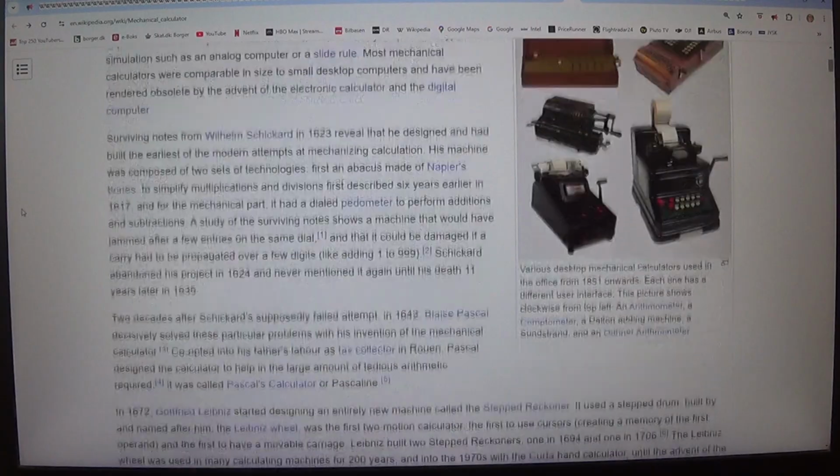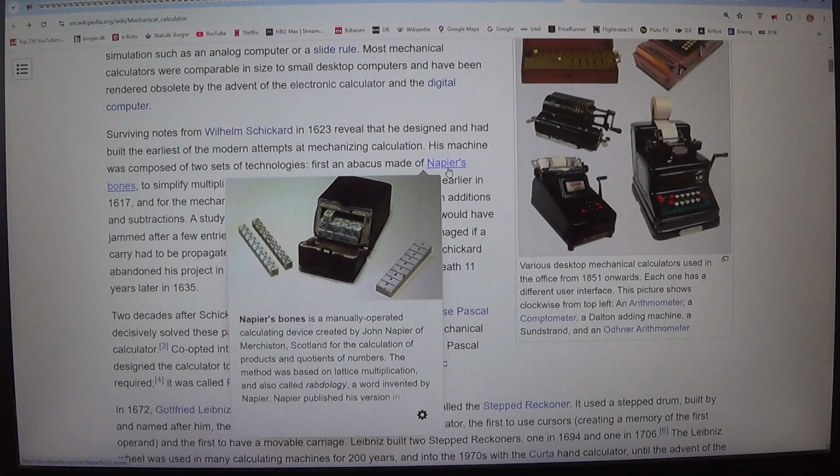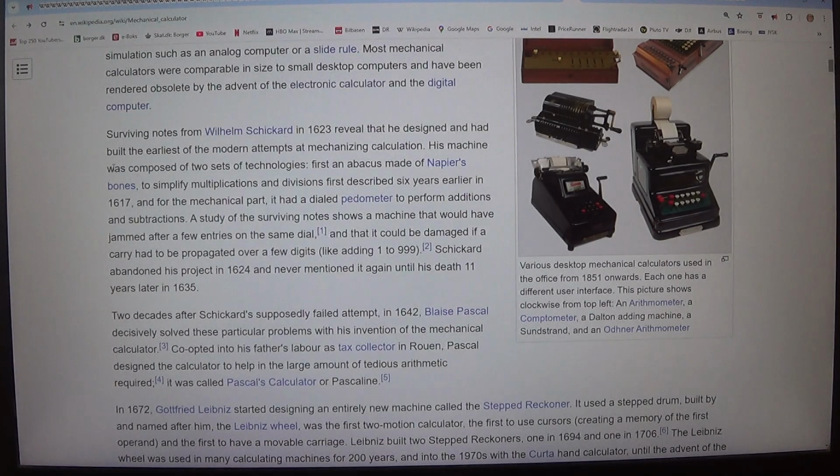Surviving notes from Wilhelm Schickard in 1623 reveal that he designed and had built the earliest of the modern attempts at mechanizing calculation. His machine was composed of two sets of technologies, first an abacus made of Napier's bones, to simplify multiplications and divisions first described 6 years earlier in 1617, and for the mechanical part, it had a dialed pedometer to perform additions and subtractions.